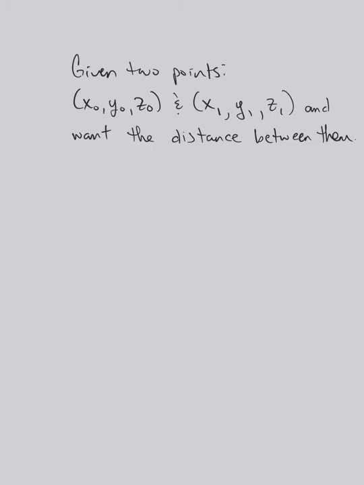Okay, so now we can extend this idea: if we're given 2 points, and I'm just going to use general points right here, and we want the distance between them, what we'll see is the picture is the same, except we're not at the origin anymore, and so things will slightly change. So just to draw a diagram of this situation, think about having points that are far from the origin.